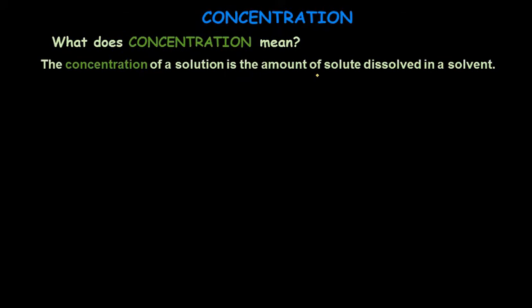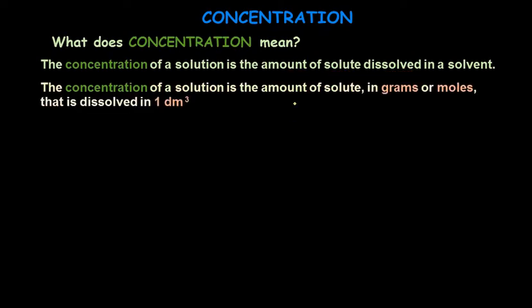So when we say that the concentration is the amount of solute dissolved in a solvent, then we need to be more specific to define what amount of solute. To be more precise, we can say that it is the amount of solute in grams or moles that is dissolved in 1 dm cube, that is 1 decimeter cube, of a solvent. Now you can call this 1 decimeter cube as 1 liter also. So this is the specific definition of the term concentration.